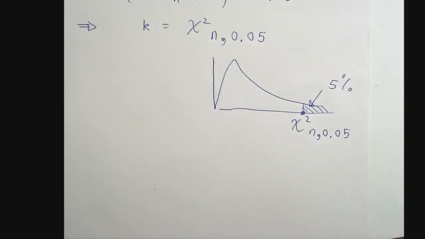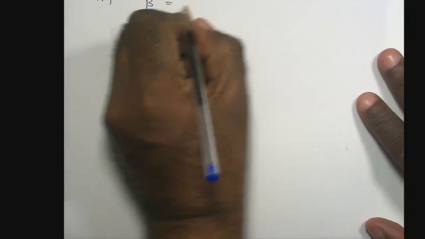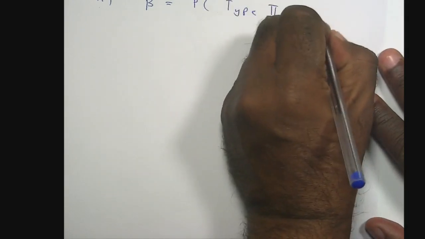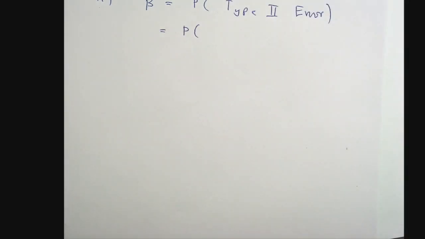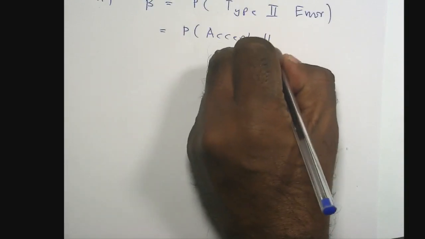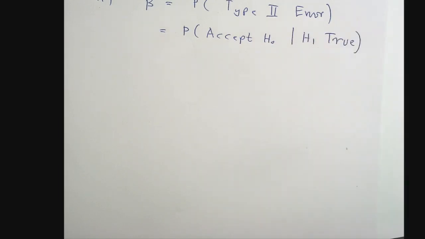So we want to find beta, the probability of type 2 error, which, as you will remember from before the break, is the probability that you accept the null hypothesis when H1 is true.